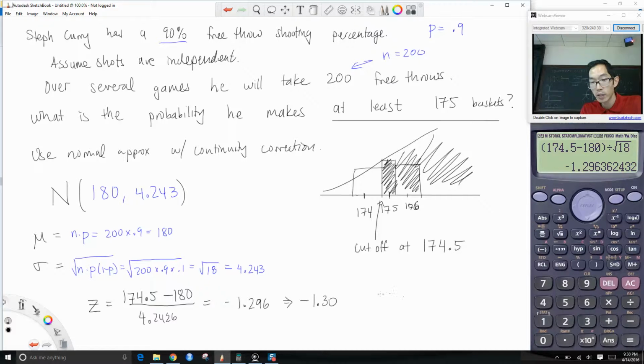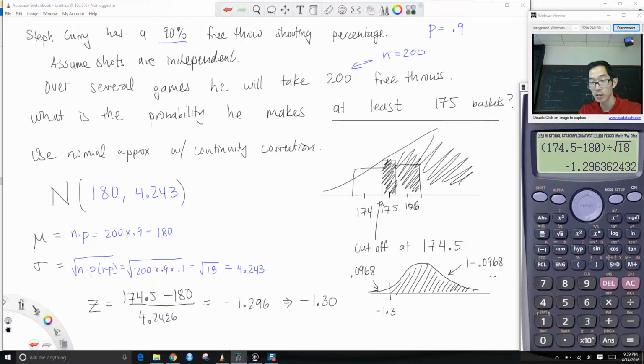Is that okay? All right, so in my normal distribution picture, I'm now at negative 1.3, and I want the area to the right. When I look up negative 1.3 in the table, it gives me that the area to the left is 0.0968, which means the area to the right, which is what I want for at least 175 free throws, will be 1 minus 0.0968, and I get 0.9032.